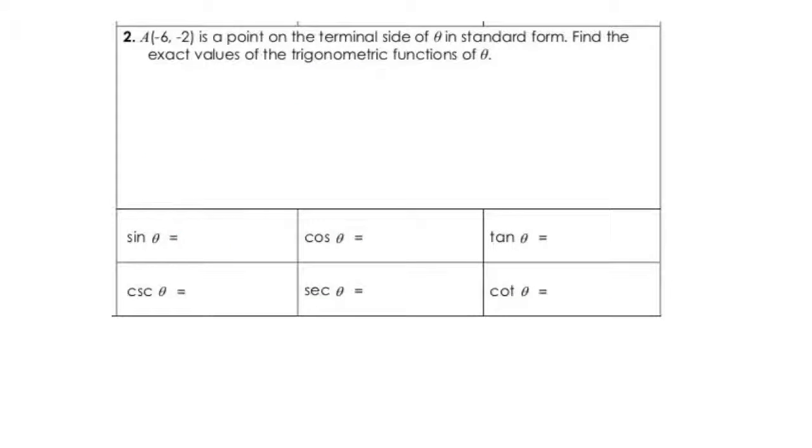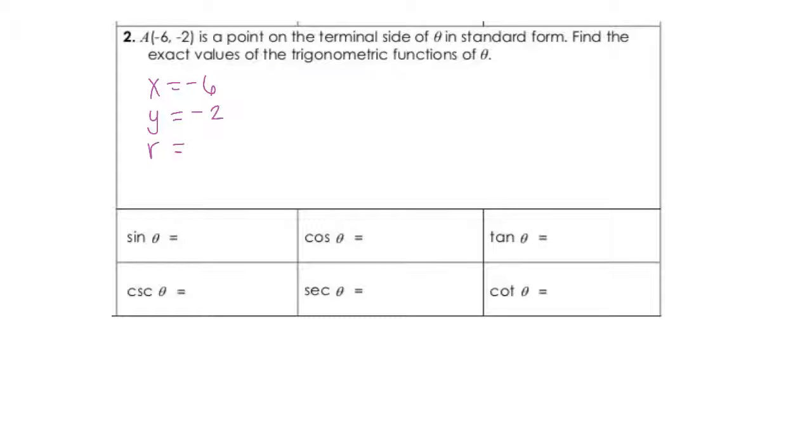Okay, now we've got a different point. So let's go through. Again, the concept's still the same. We know from what we're given that x is negative 6. I know y is negative 2, don't we? And so we need to find r.